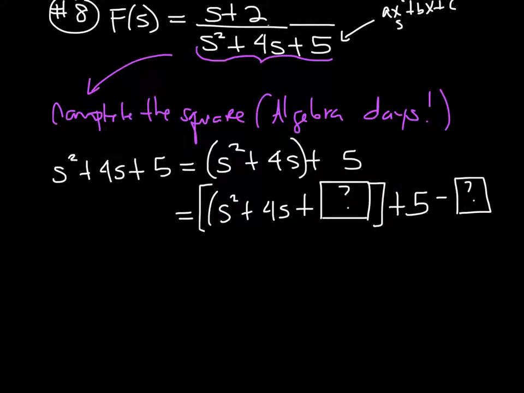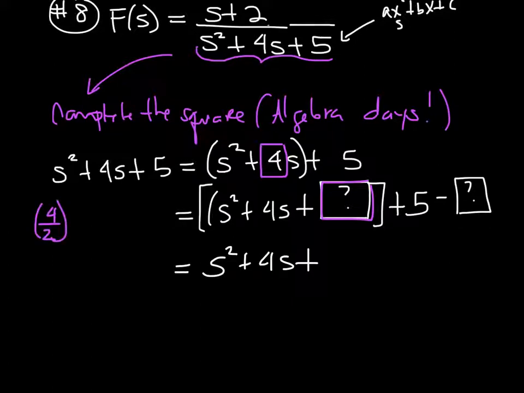Okay, so let's complete the square. I have s squared plus 4s plus, and then how do I obtain this guy? Well, all you have to do is look at this guy, take half of it and square it. So half of 4 is 2, and if we square it, it's 4.